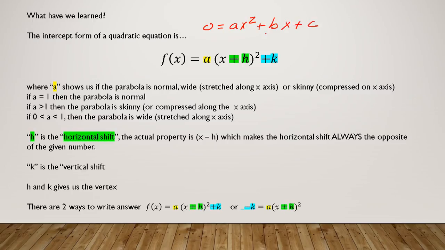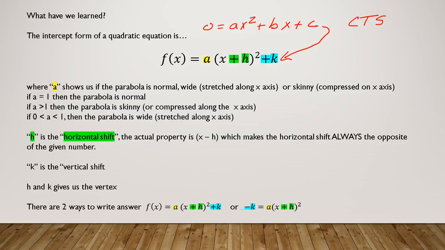Well, in college algebra we're going to use completing the square to go from here to there, and that's going to give us a times the quantity x plus h squared plus k.